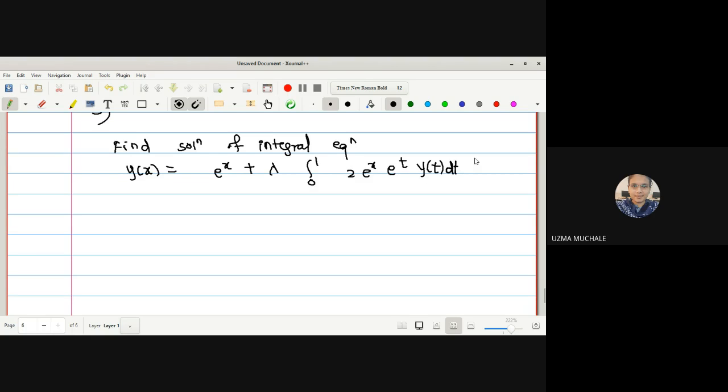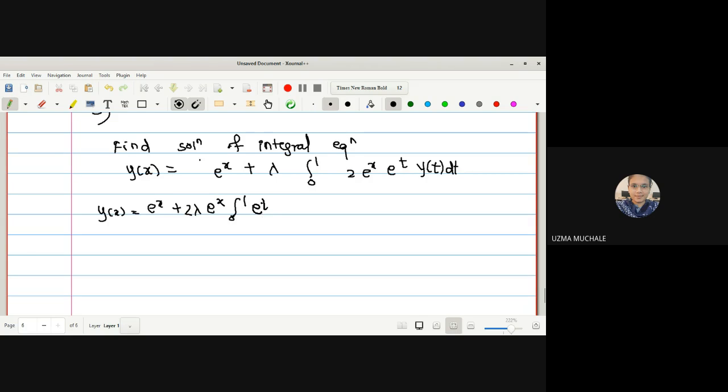Okay. While in the exam, you have to verify which kind this is. If f of x is non-zero, you have to follow the second method. Okay, that we have seen just now. Okay, let us follow the steps. What you have to do now? Again, we have to follow the same procedure. Plus lambda, this 2 lambda I can take outside, e raised to x outside.